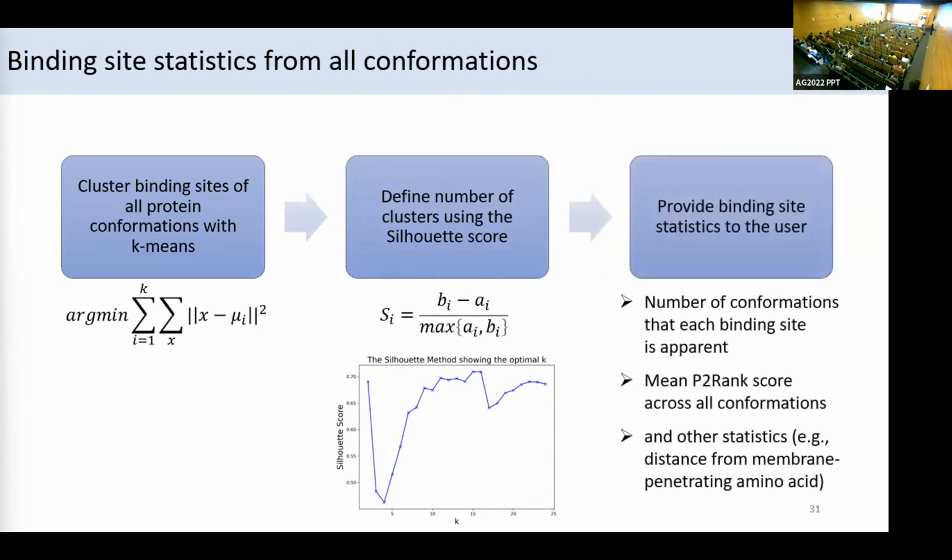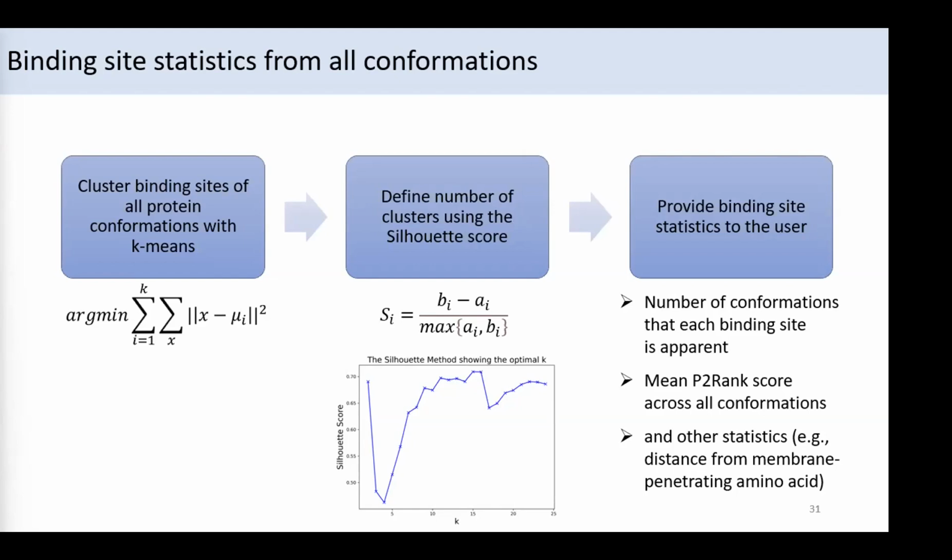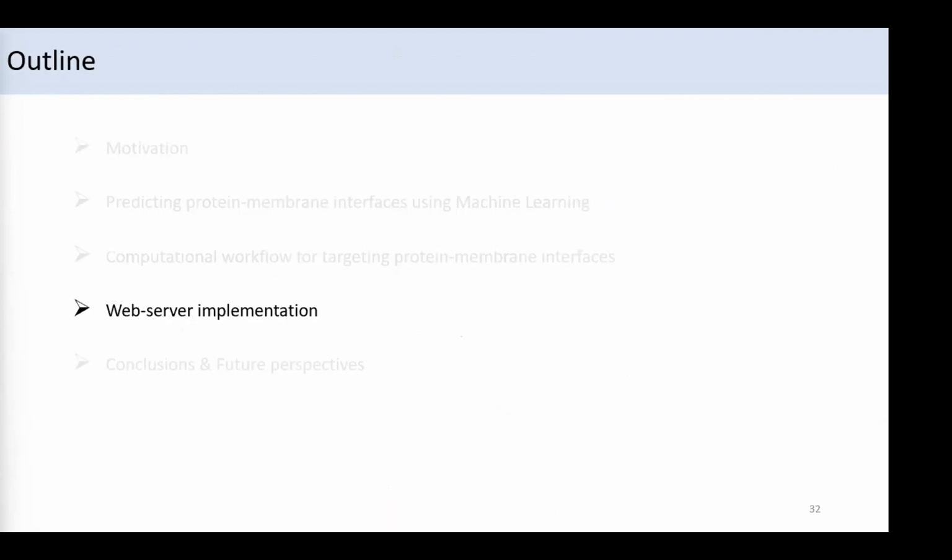And we provide in the end statistics to the user, such as the number of conformations in which each binding site appears. That means how much consensus a binding site has, or maybe the user may want a rare binding site. And also some statistics like the mean score, mean druggability score, etc.